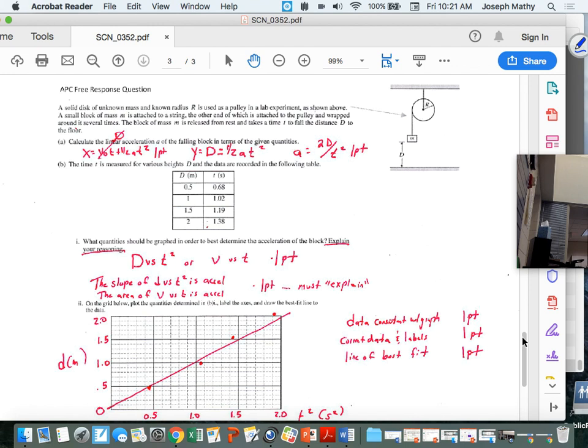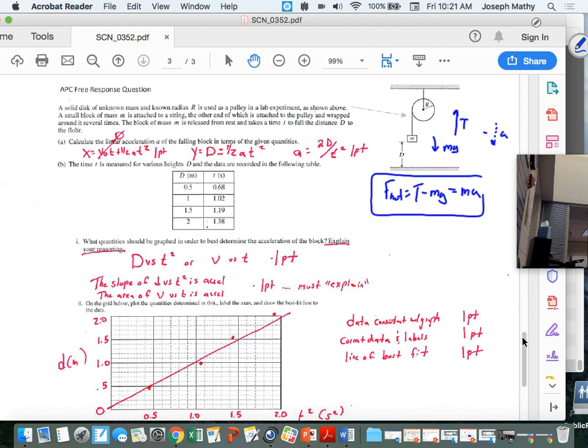Now, it is true on the one hand that if I looked at this in terms of mg, and I looked at this in terms of maybe tension going up, and then I knew that acceleration is going down, a few of you said that the F net in this scenario is going to be T up minus mg equals ma.